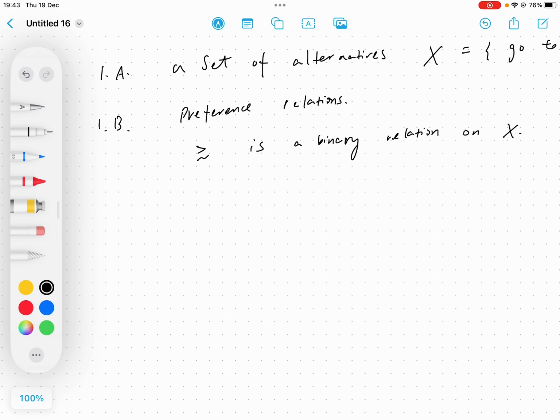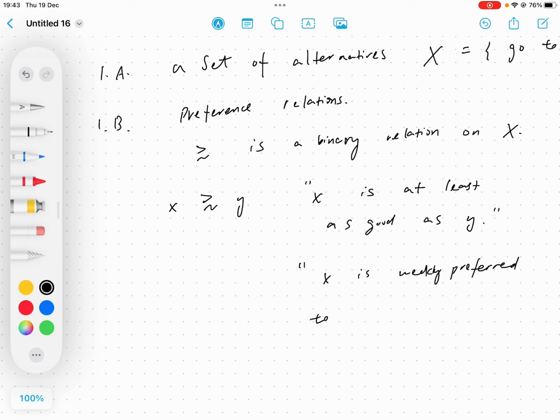Okay, and it allows the comparisons of pairs of alternatives in this X. Okay, so when we are saying that x is weakly preferred to y, we can read this as x is at least as good as y, or we could read it as x is weakly preferred to y. Okay, so those are similar statements.